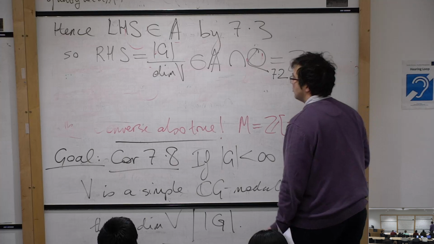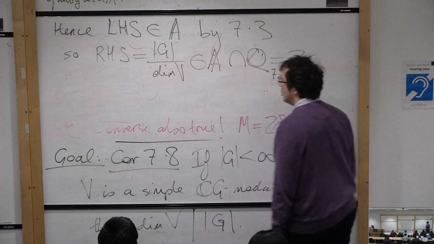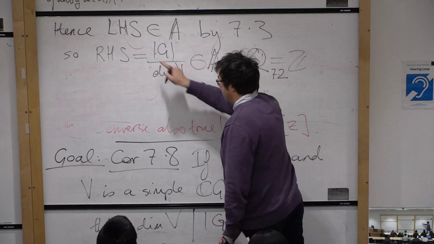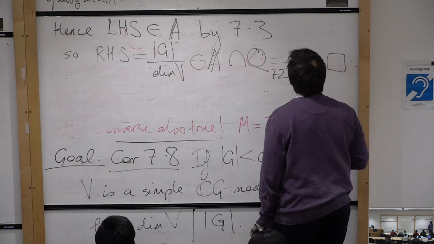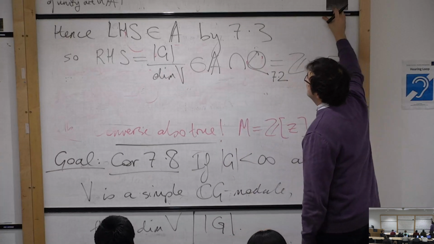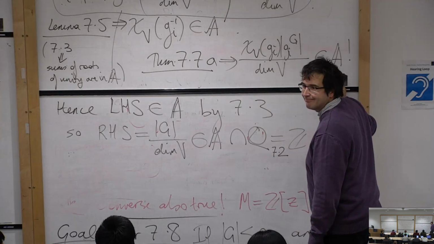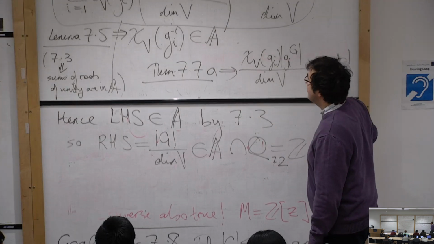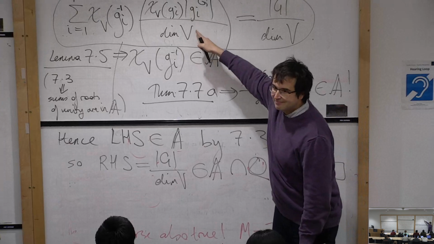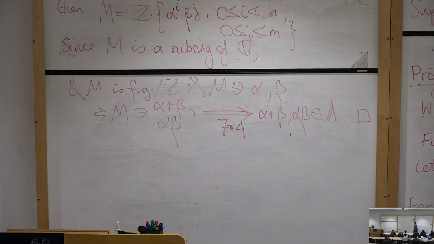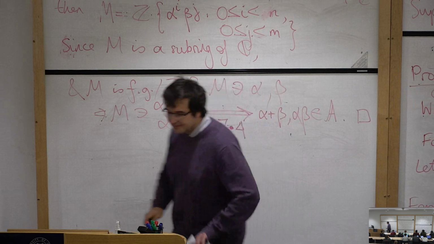And that's exactly what I want. I want to show that this fraction is a whole number, which means that the dimension divides. Any questions about the proof of 7.8? So that motivates looking at this thing. So that's where the other idea comes from.